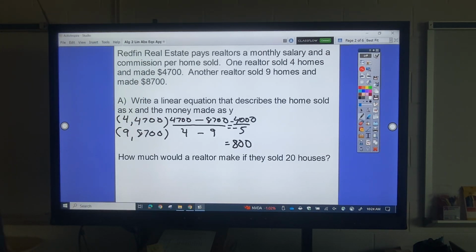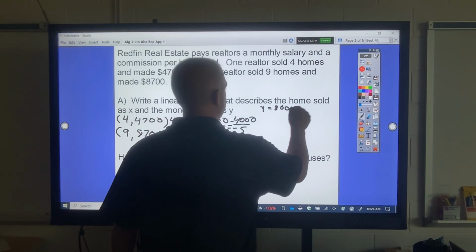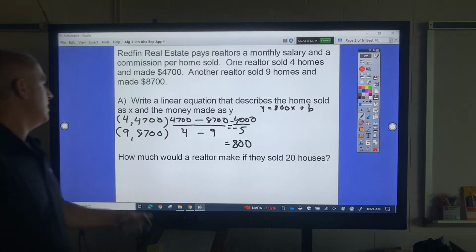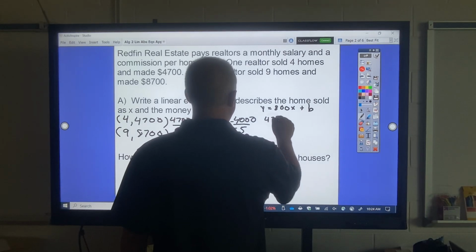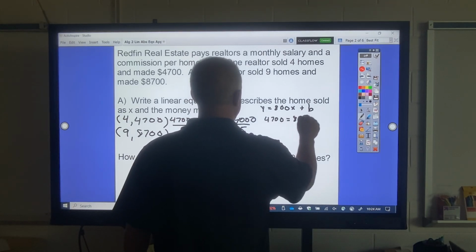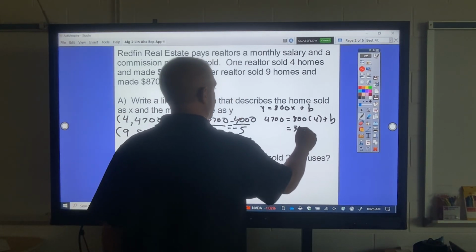So I got y equals 800x plus b, because that's the slope. I can use either point. Let's say 4,700 equals 800 times 4 plus b. 800 times 4 is 3,200.